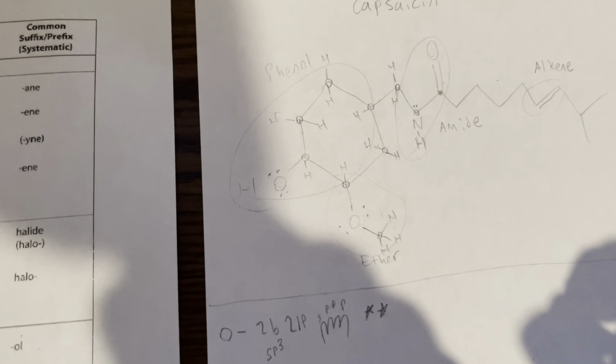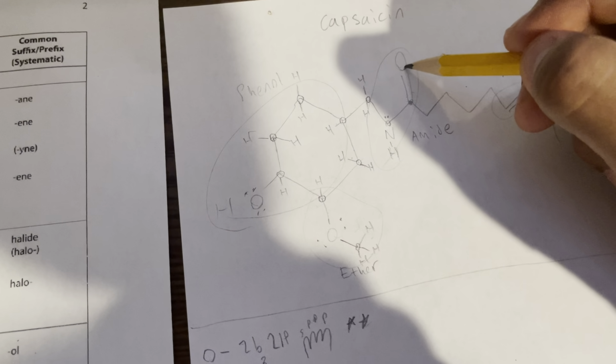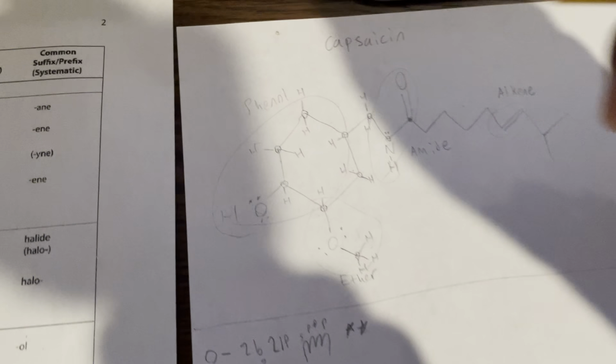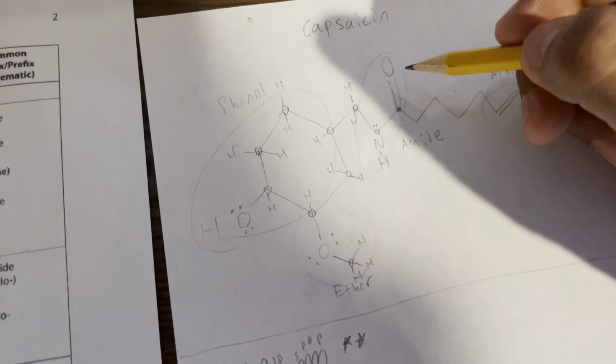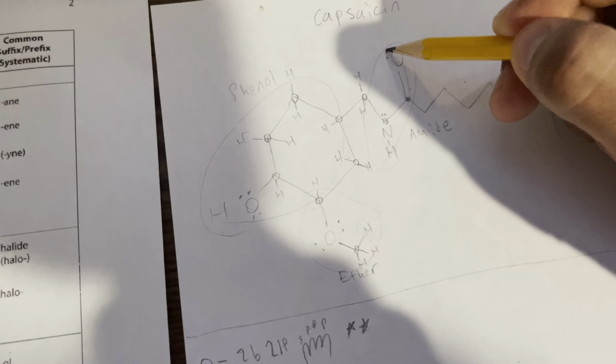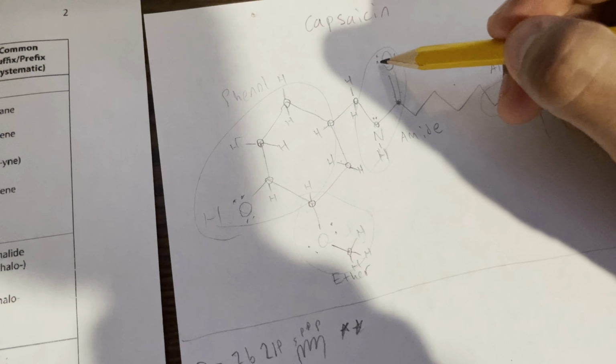All right, and we move on to the oxygen up here. Oxygen is going to have, according to bonding rules, 2 bonds, 2 lone pairs. So it just needs 2 lone pairs right here. It has 1, 2, 3, 4, 2 lone pairs.